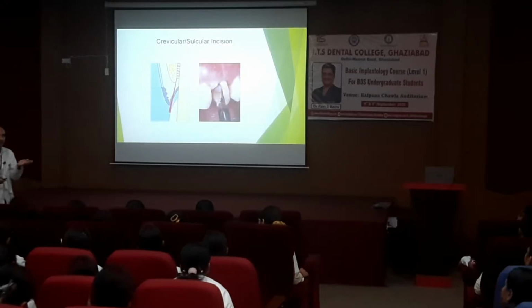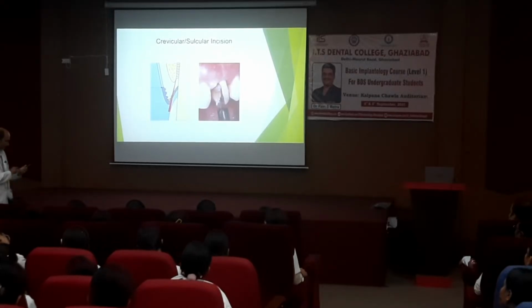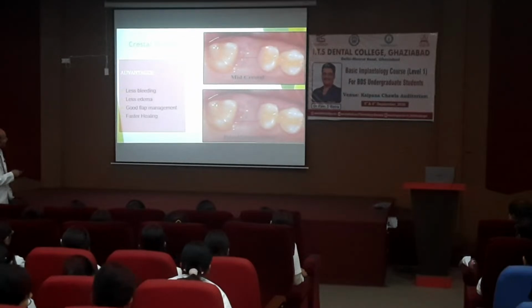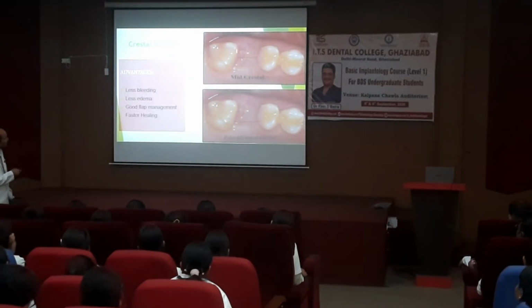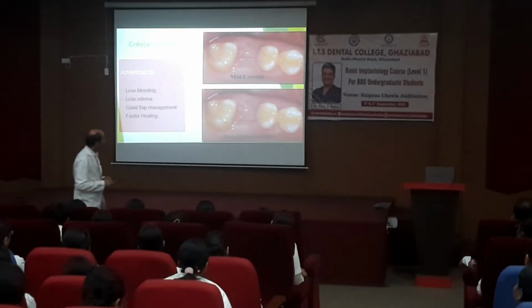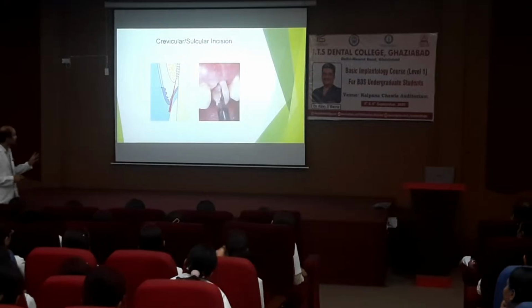You are giving it in the sulcus because when I give this incision, after this I have to reflect this tissue also. So I will be giving a crevicular incision. Okay. So this is the crevicular incision around the tooth.